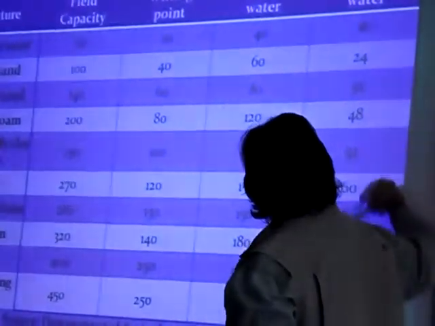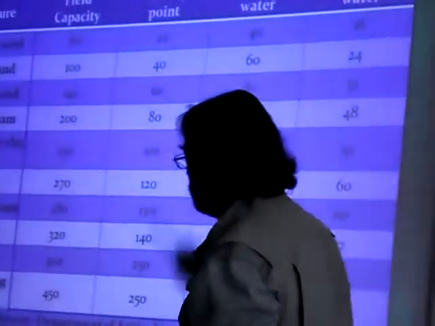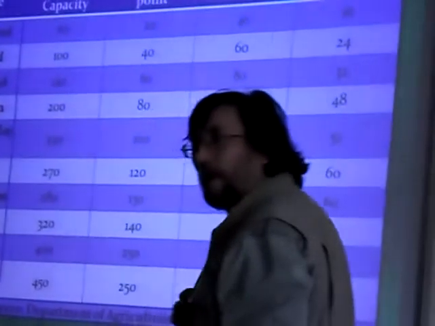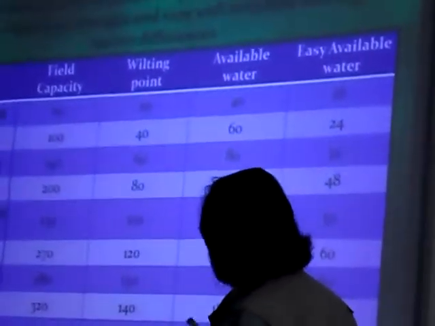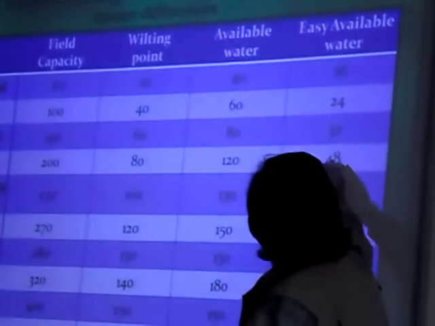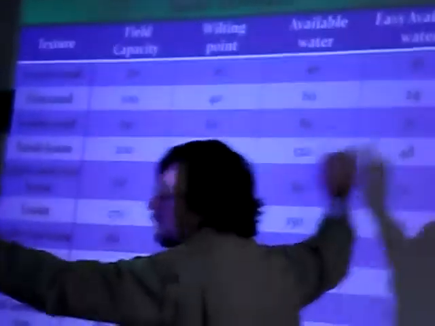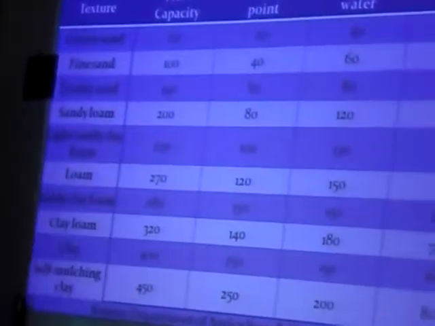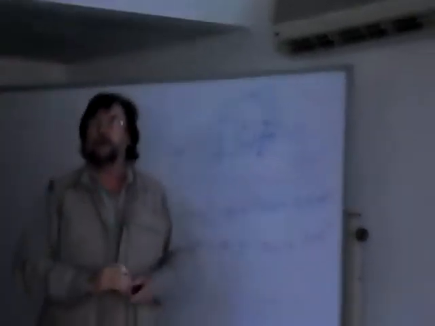Yes, and easily available, huh? Okay. If we say, let's use 48, because this is most of the soils. If we use 48, it will be 0.8 times 48. Okay, now, if I work with cubic meters, I can make this liters.